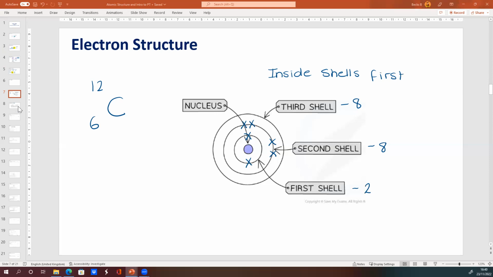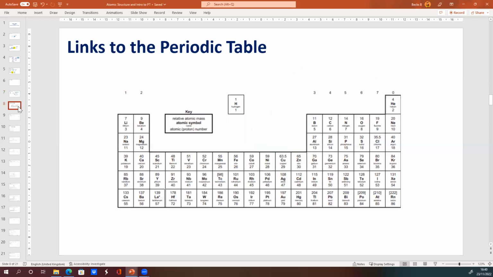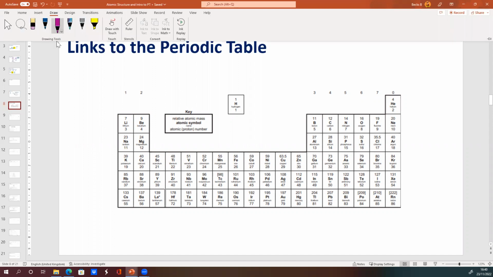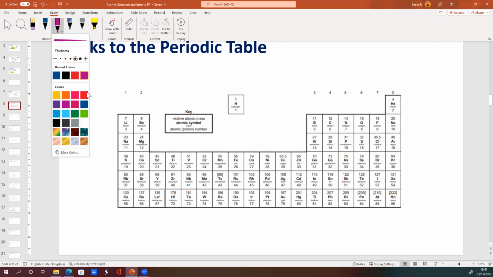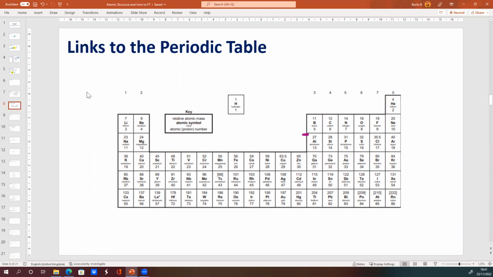Okay, just a little introduction then to the periodic table. We're going to focus more on this in another session, but the periodic table is a chemist's best friend. It tells you so much information. Okay, so a couple of key things that I'll remind you of. Hopefully you do already know these and it's just reminding you that across this division here, this is what separates our metals and our non-metals.